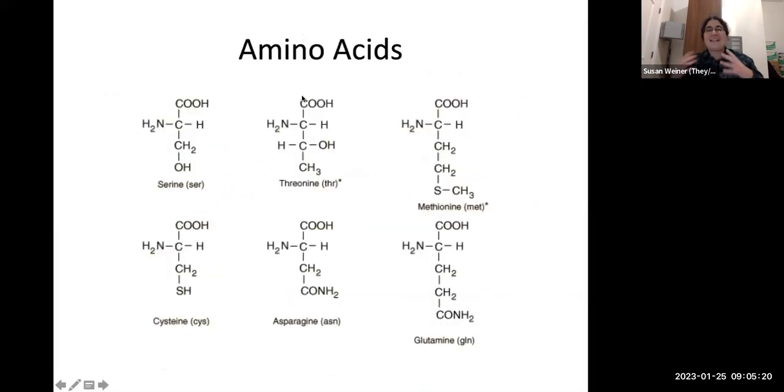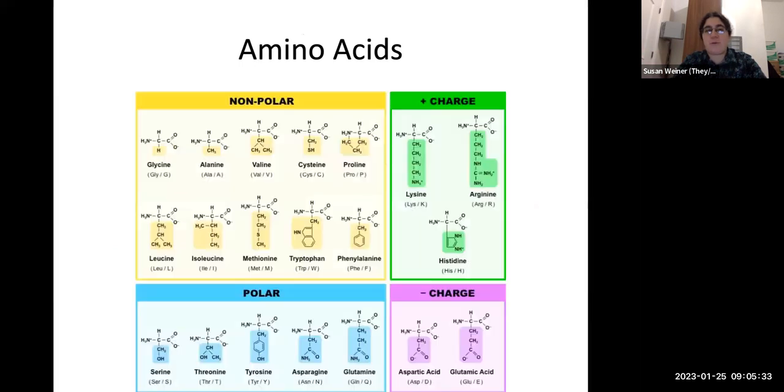All right, so then that takes us to proteins. Proteins are built up of amino acids. And we've been talking about amino acid structures in the first chemical POGL that we're working on. Amino acids can be polar or non-polar, or they can even have a positive or a negative charge.